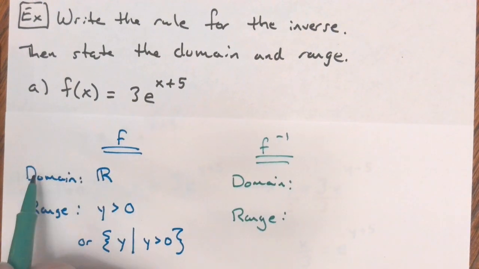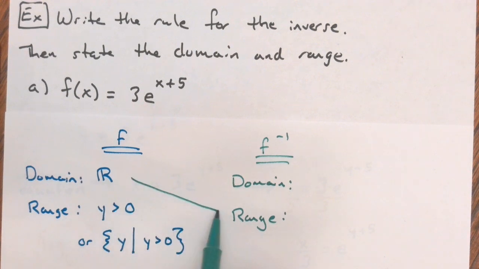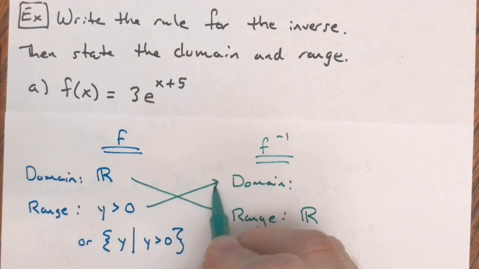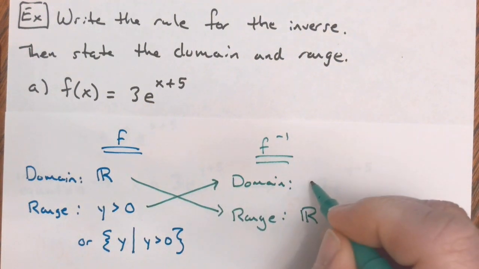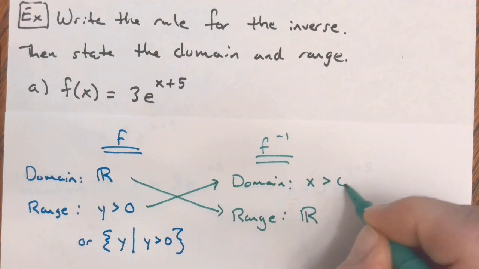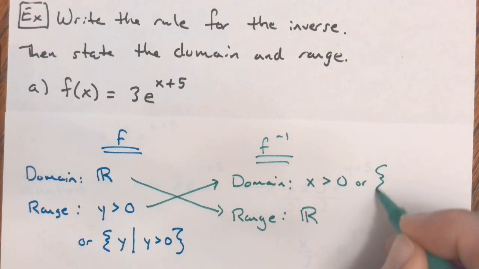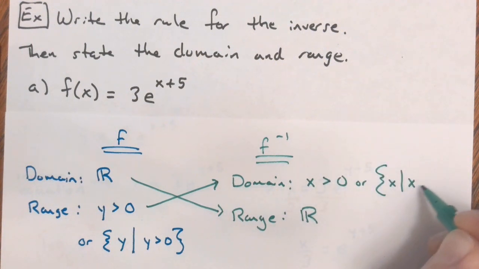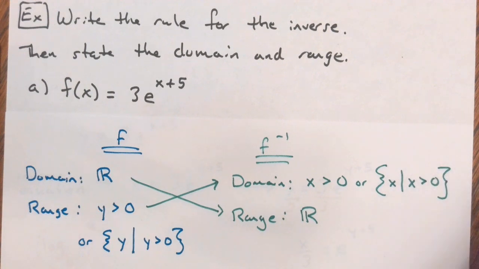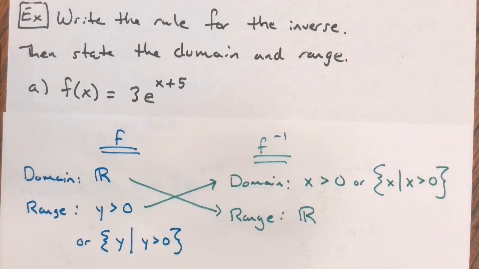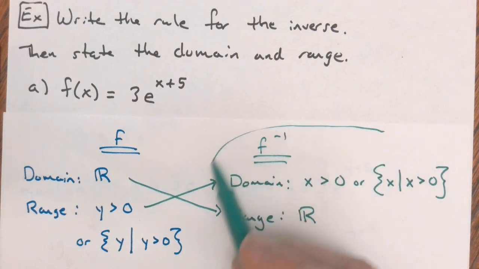So your x values, your domain, that just becomes your range when you do the inverse. And your range just becomes the domain. And that is what the domain is of our inverse function.